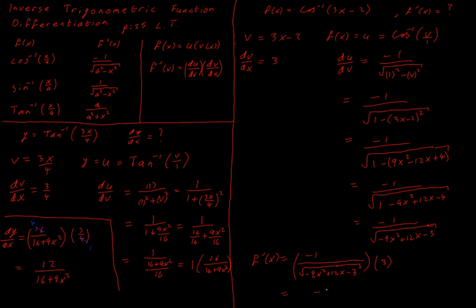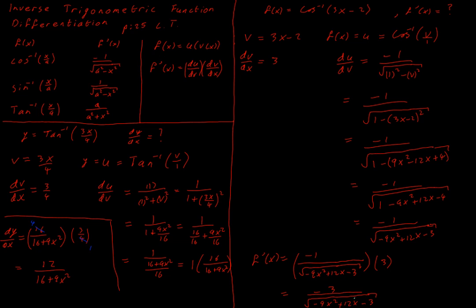So I end up with minus 3 all over square root of minus 9x squared plus 12x minus 3. It's worth noting there is technically a common factor of root 3 top and bottom, but you wouldn't need to worry about that in an exam.